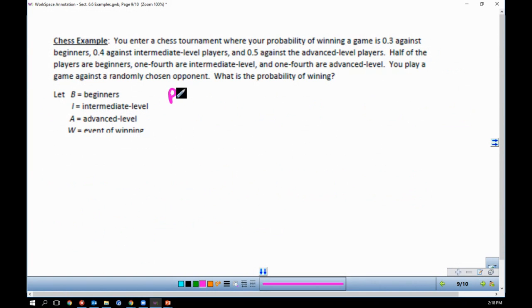So the probability of winning against beginners is 0.3. I don't know how this problem works, because everything in here is backwards. I'm just using the numbers they give. Yeah, it does not make intuitive sense.